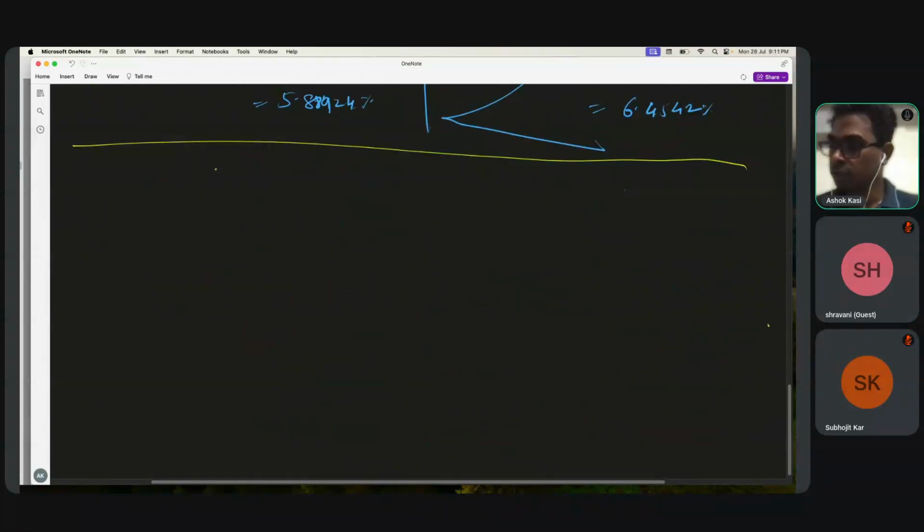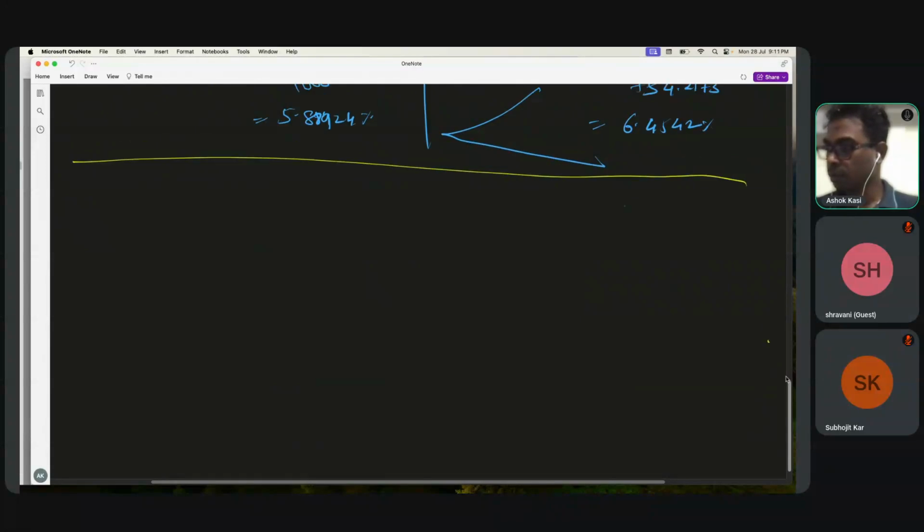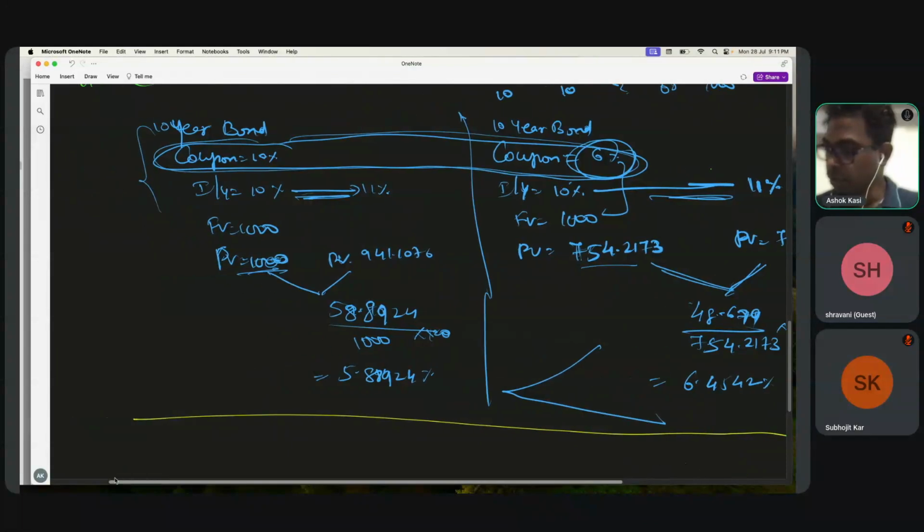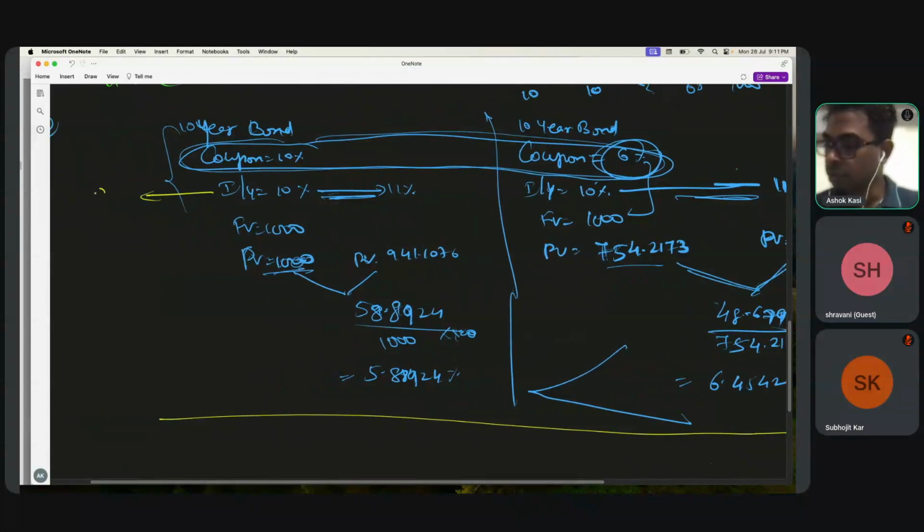So let's say a 10-year bond, or you take this one only. Calculate again if the interest rate comes down to 9%. What is the present value? Calculate.